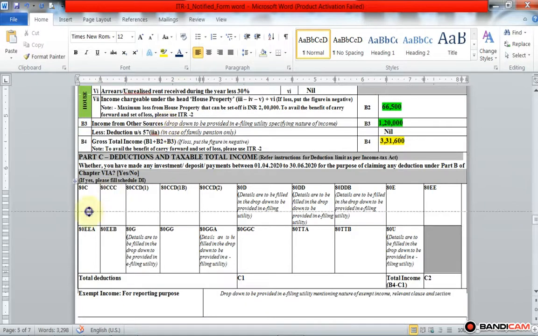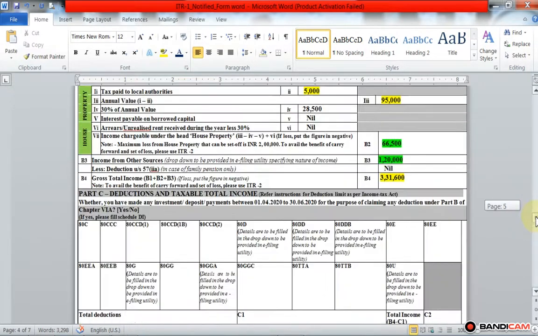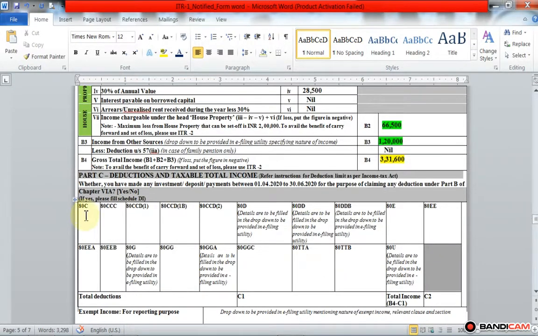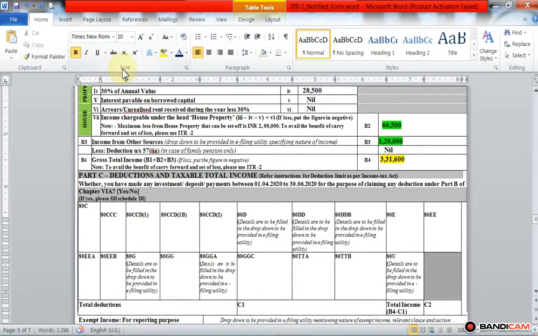Here 80C deduction is amounted to rupees 50,000. We take the 50,000 into consideration because the LIC premium or sum assured is not given, so the whole amount is allowed for deduction.